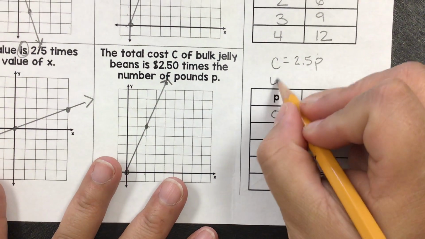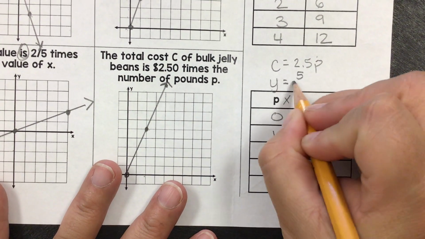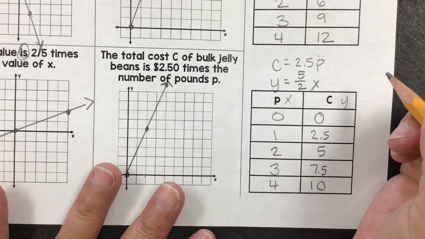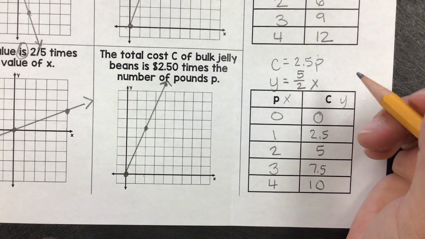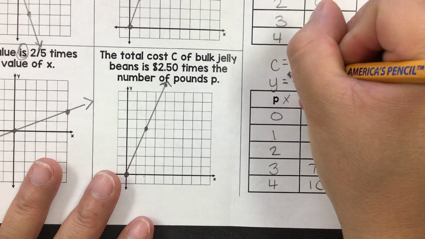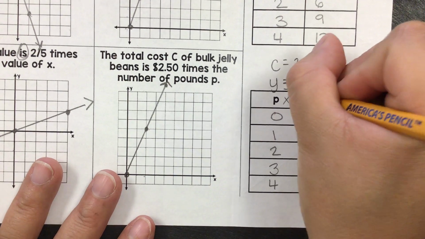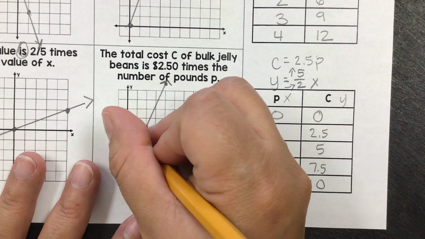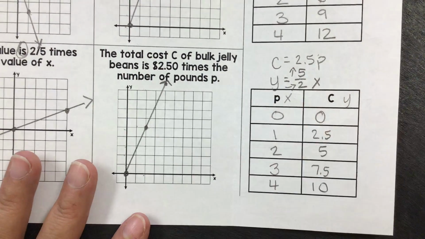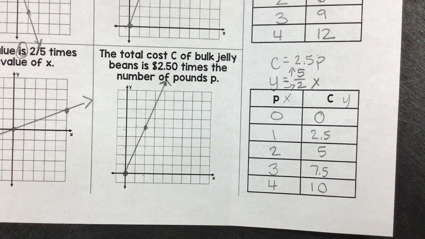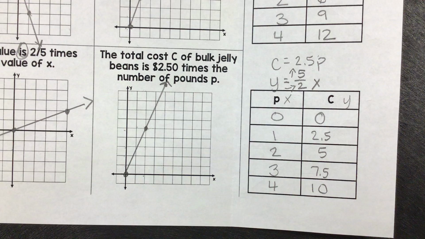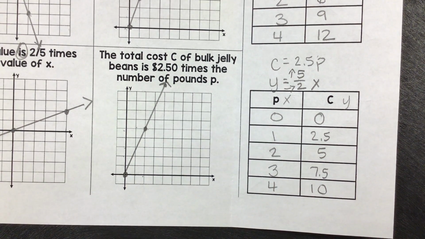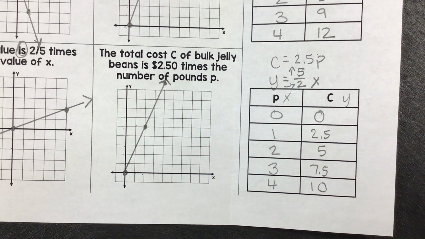So this is the same thing as y is equal to 5 halves x, where you have to go up 5 and to the right 2. 1, 2, 3, 4, 5, and to the right 2. Still gives you the same point as writing it as slope intercept form as opposed to graphing points.